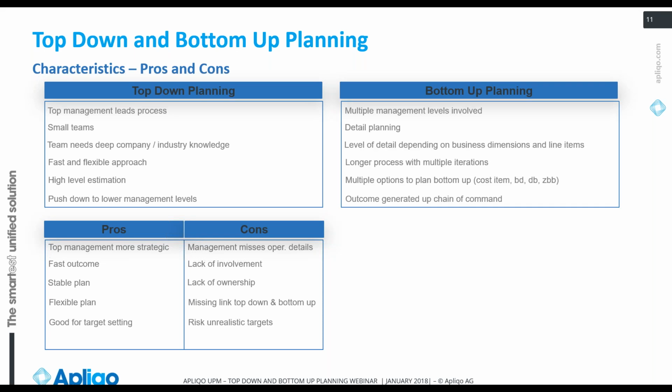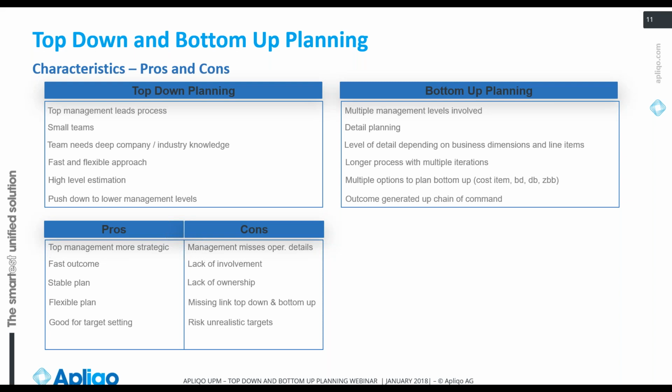So the same from a bottom-up point of view. Typically, multiple management levels are involved, different kinds of department owners, and the planning is much more detailed. Obviously, there are also different levels of detail, and they really depend on your key business dimensions and, for example, the chart of account line items, how detailed you really want to plan.